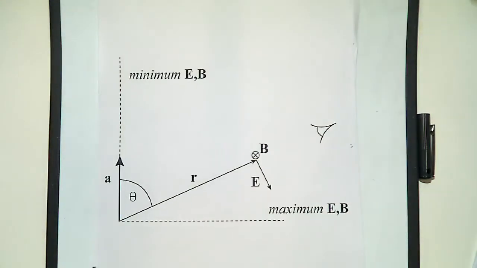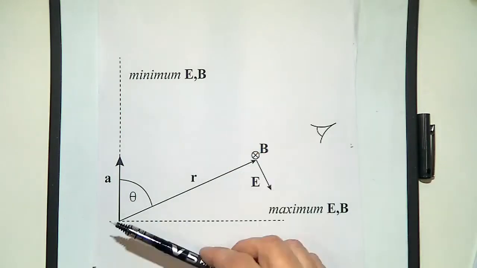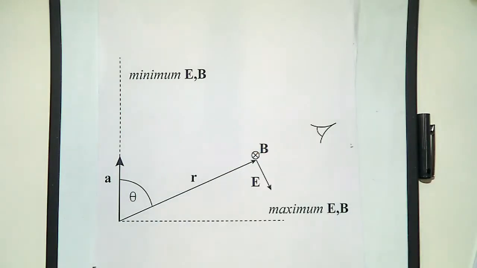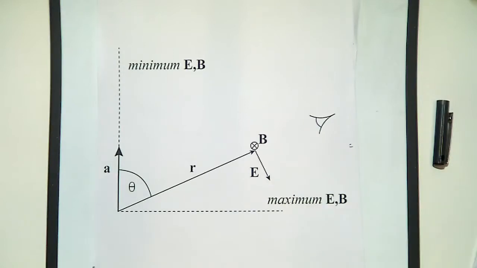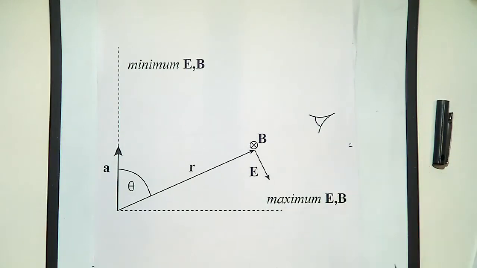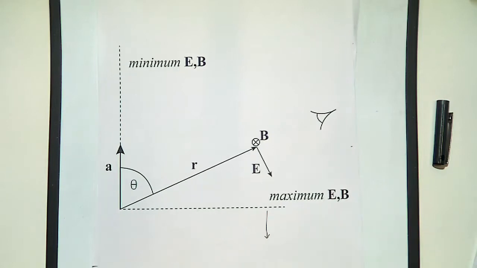So here is the same diagram drawn a different way. So this is the acceleration of the charge. One more time, I put in that angle theta now, so we can write down explicitly how it varies with theta. I observe at some angle and at some distance r, and you see that the electric field is pointing downwards. So when I view from this side, I have a maximum electric field, and therefore a maximum magnetic field as well.